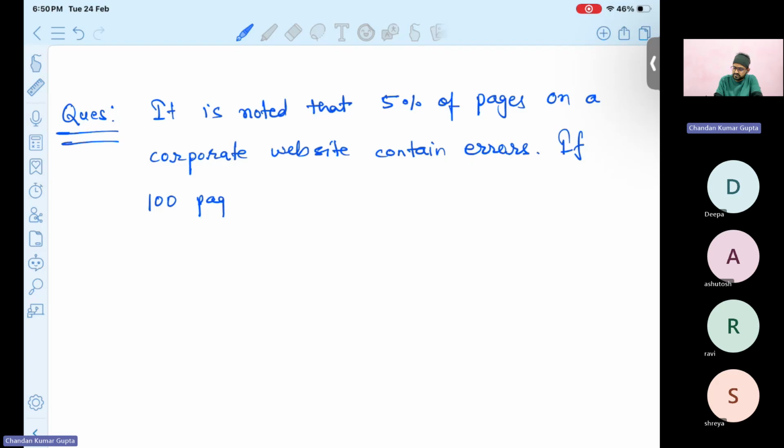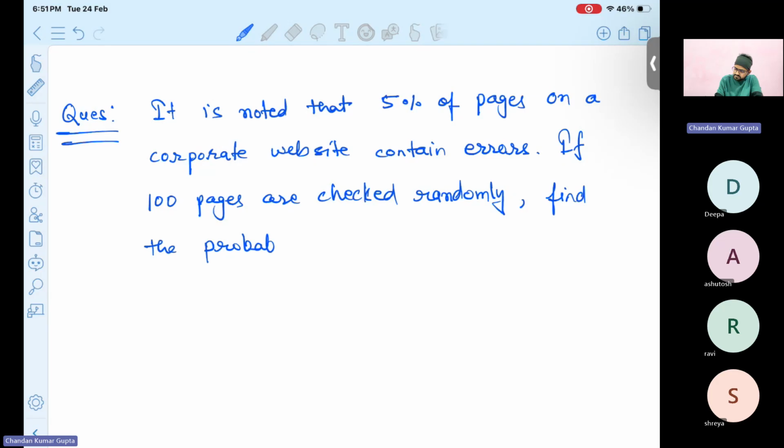If 100 pages are checked randomly, find the probability that at least one of the checked pages has error.